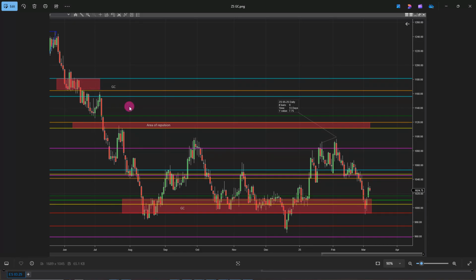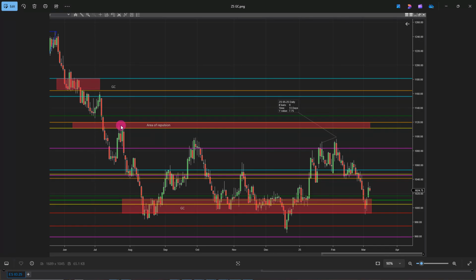The next potential area would be the next cluster point down, where I have the green, brown, and yellow line. You can see what happens. We attacked that area, we went right through. What happens with these areas, when it comes back to that area, it almost always fires the market back down and becomes a key point of support or resistance, and I call that an area of repulsion.